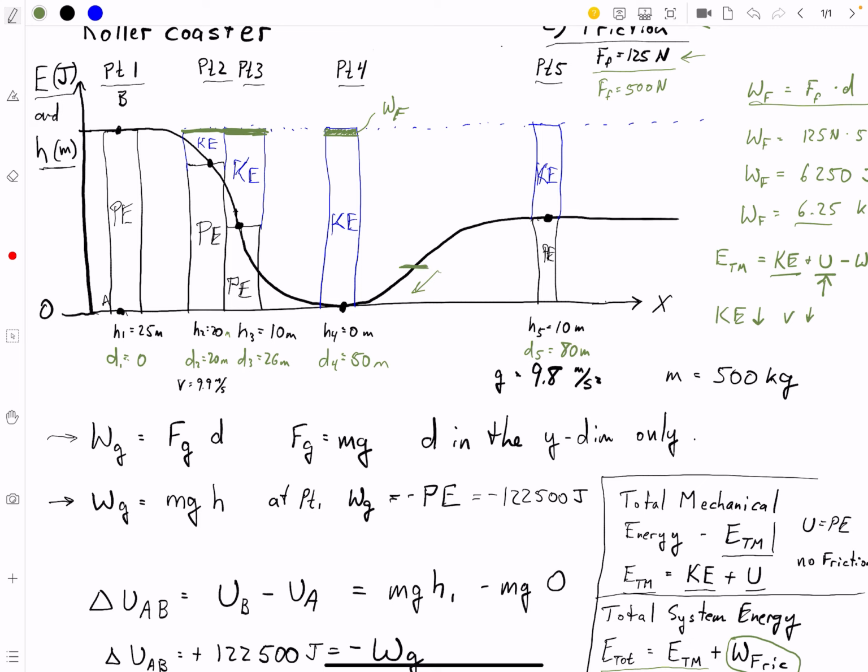We lost a little bit more here than we lost there, and then we lost the most, I think it was 10,000 here. Okay? So that green is our work due to friction, and that is the energy that got taken away from us.